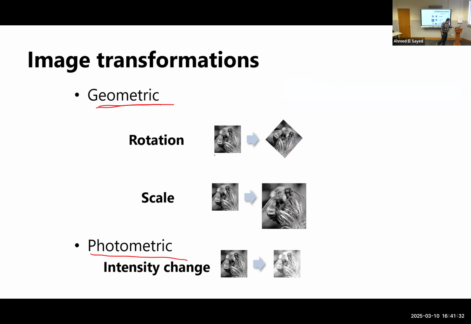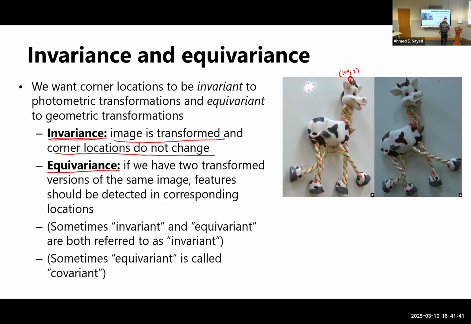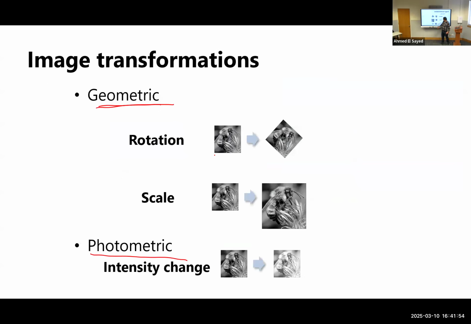Those are the transformations we discussed. Which one of those, if we apply to this image, will be invariant? If I change the illumination, the corner will stay in the same place or no? So yes, this way, sorry, the photometric invariant.